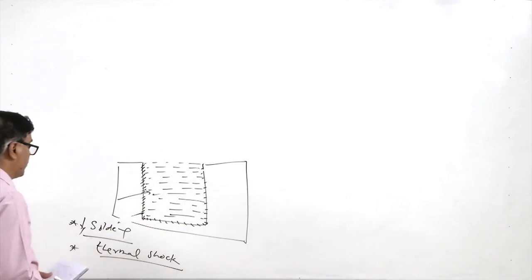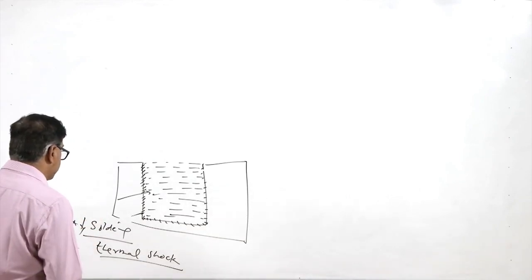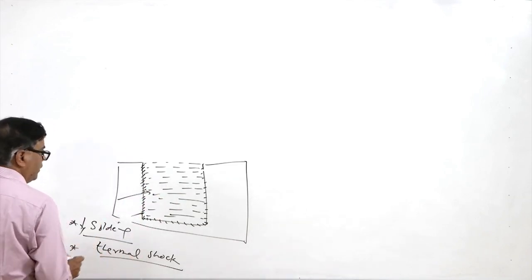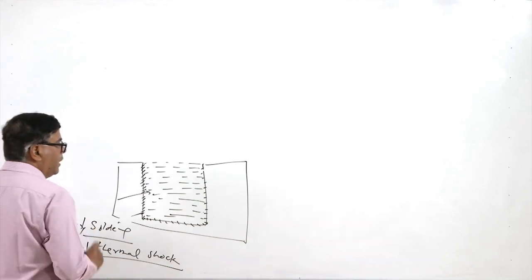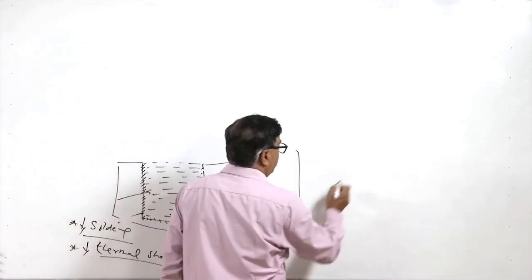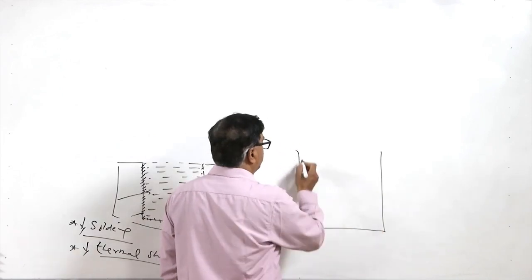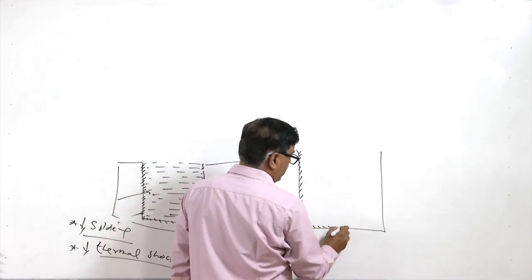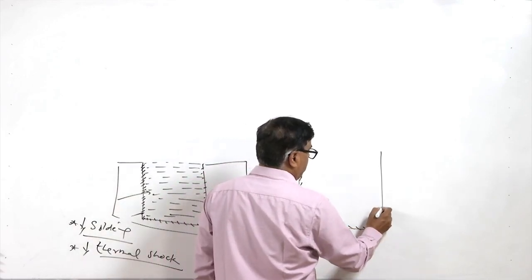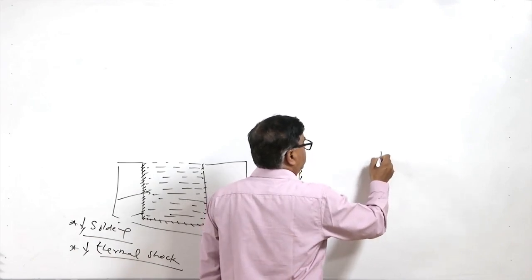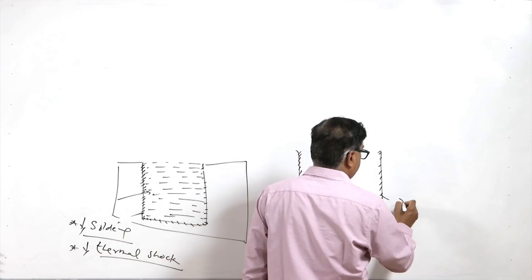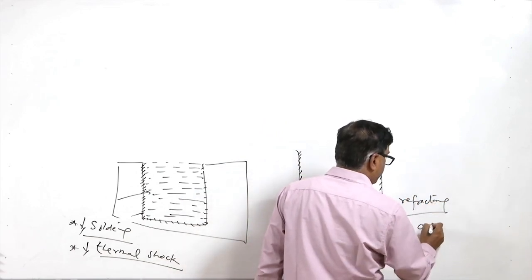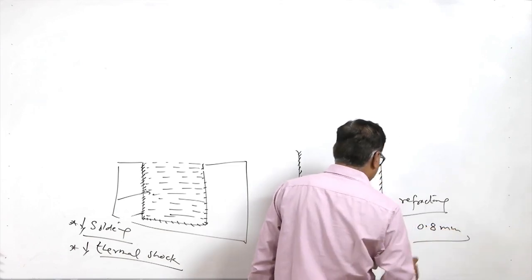So, the thermal shock tendency and the soldering tendency of the metal of the casting with the mold wall are to be reduced, and for this purpose the mold wall is coated with suitable refractory materials. The refractory material is coated up to 0.8 mm thickness.